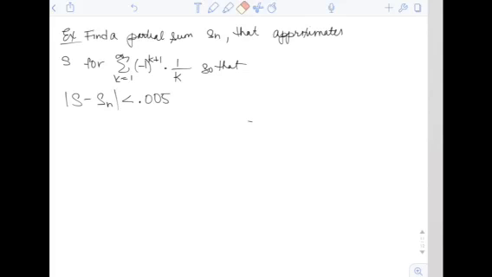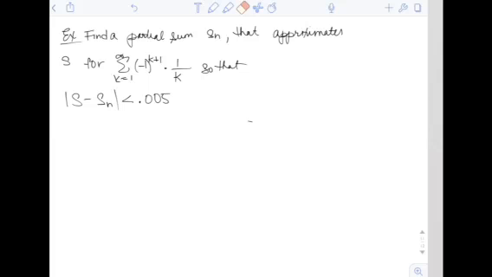Find a partial sum s sub n that approximates s for the series k equaling 1 to infinity of negative 1 to the k plus 1 times 1 over k, such that s minus s sub n is less than 0.005.